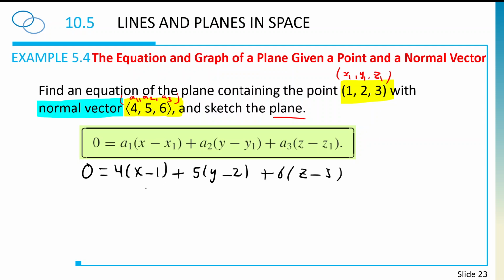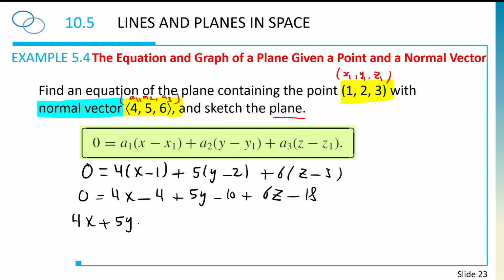If I simplify this equation, it equals 4x minus 4 plus 5y minus 10 plus 6z minus 18. Add the like terms and you get 4x plus 5y plus 6z minus 32 equals 0.